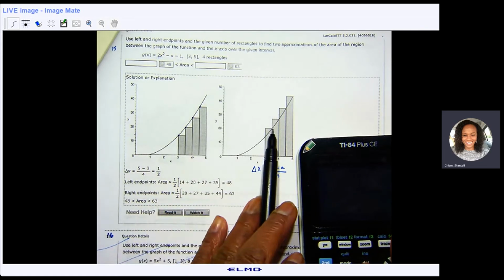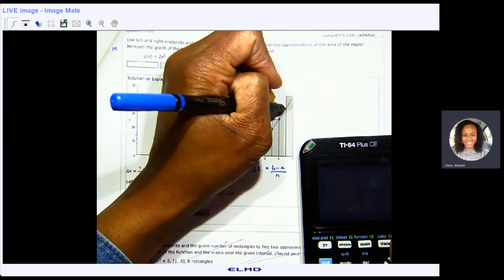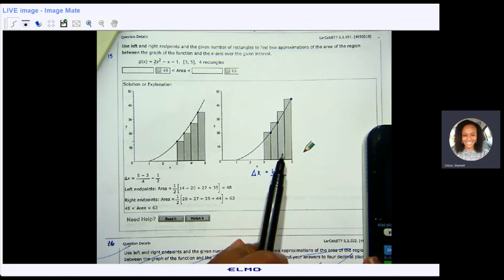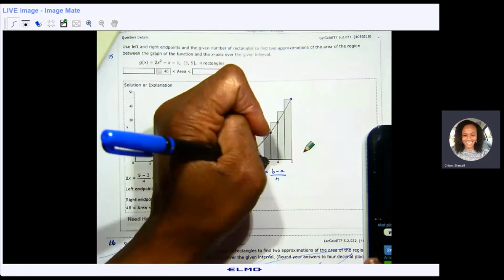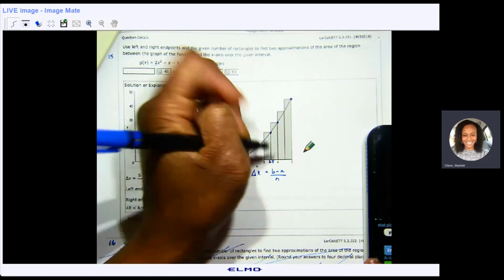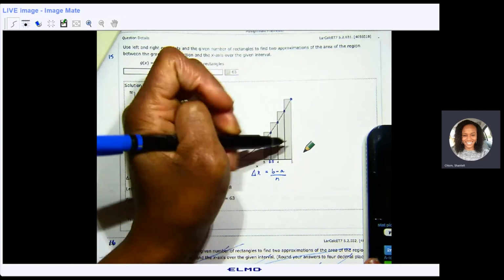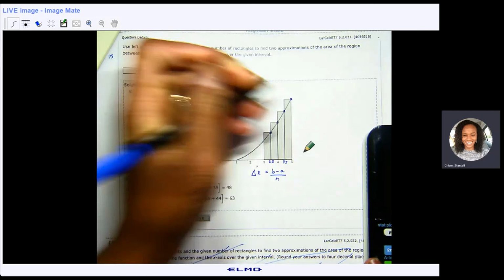Okay, and then here they extend past it using the right endpoints. So in this case, you would just be using the value when you let x be 3.5, when you let x be 4, when you let x be 4.5, and when you let x be 5.